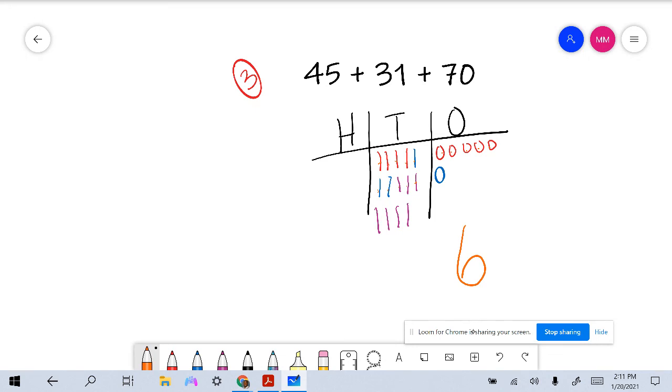Regroup. That's right. We regroup those 10 tens, draw our 100, and then see what we have left. I have 4 tens left, and then I have 100. 45 plus 31 plus 70 equals 146.